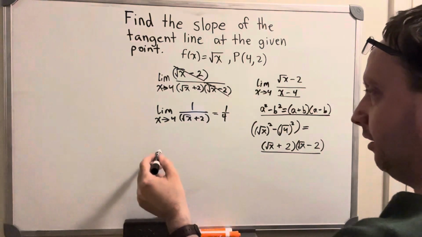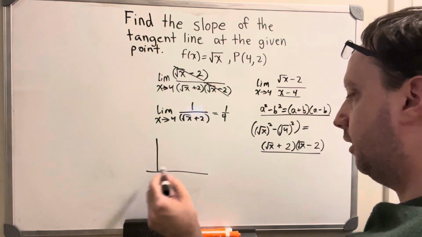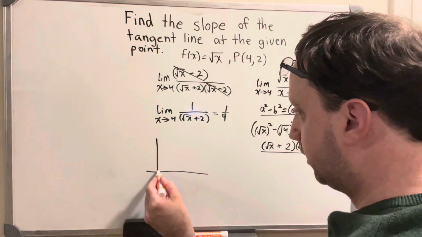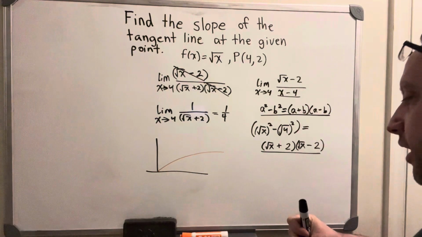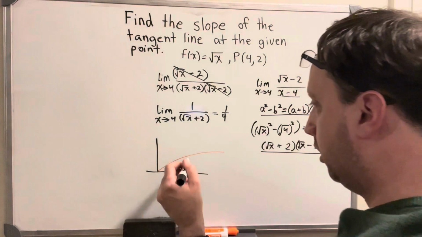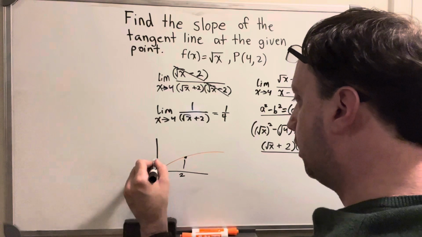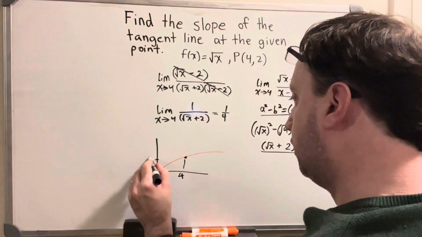So what does this mean? Let's get back to what it means. Remember, the function looked like this, and we cared about this one point, which was 4, 2.